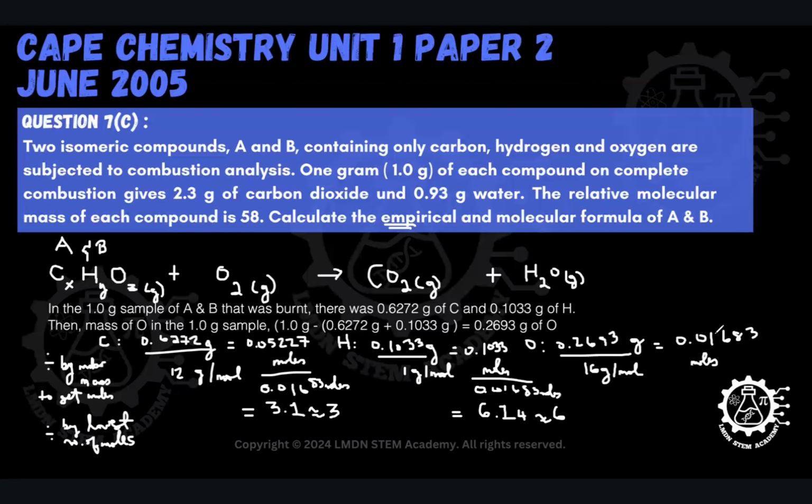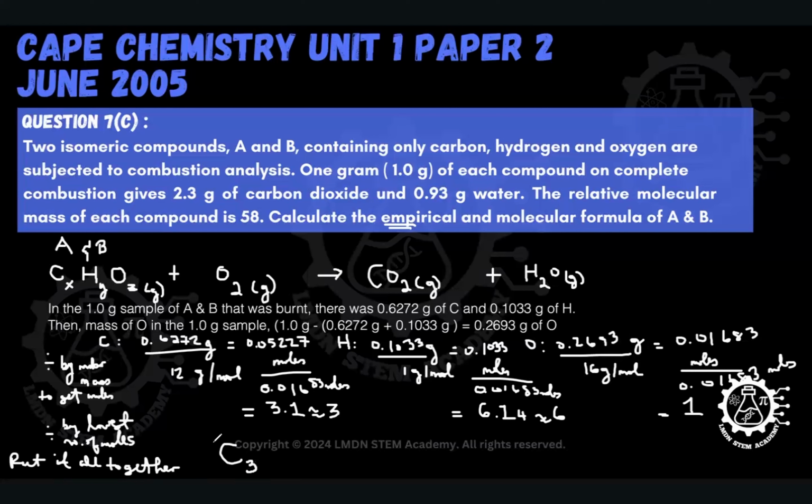Similarly, for oxygen, it was the lowest number of moles, so we divide it by itself, which is that same 0.01683 moles. And when we do that, we end up with 1. Okay? So then our final step now is to put it all together. And so when we do that, we're going to put the 3 beside the C because that's how many carbons there are.